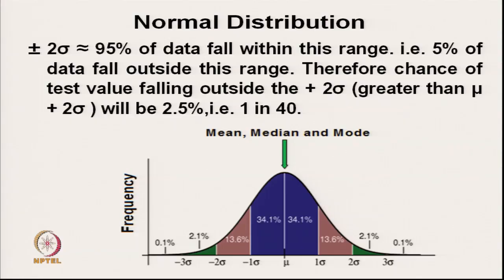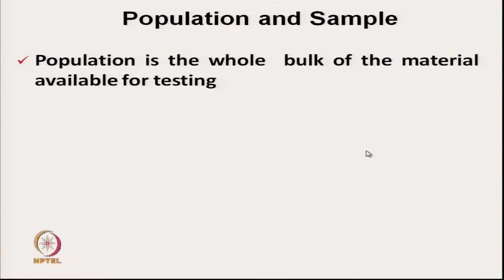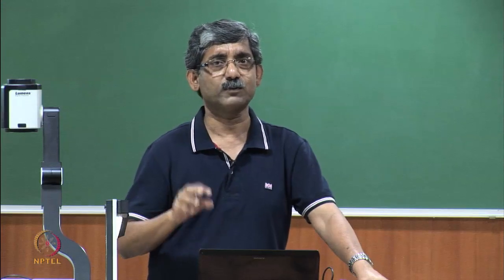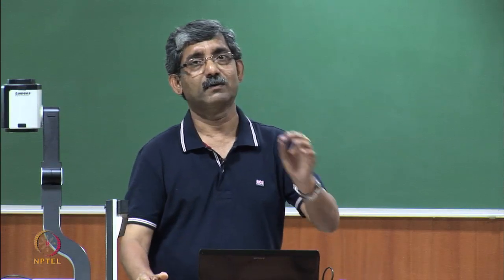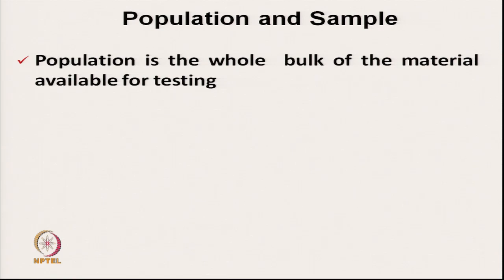And if we are talking about plus minus 2 sigma. Now, as we have discussed earlier, let us try to see once again what is population and what is sample. Population is the whole bulk of the material available for testing.